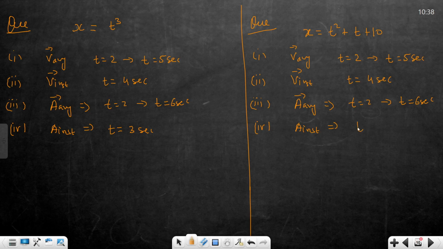Clear? t equals 4 seconds. I'm changing the limits: 0 to 3, and 2 to 4, not 2 to 4, 4 to 6.